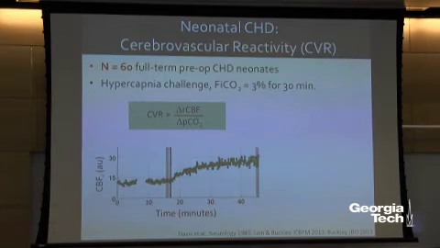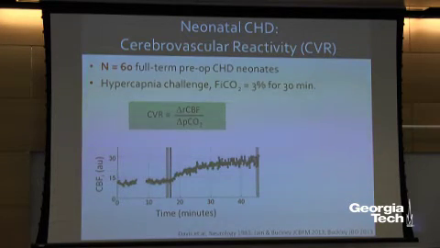So we gave the patients carbon dioxide while they were in the MRI. So we did like a 10-minute baseline and then increased the fraction of inspired CO2 to 3%, which again, normally you wouldn't be able to do in babies, but CO2 actually used to be used as a therapeutic tool for these kids to improve lung perfusion, so we were able to get it through the IRB.